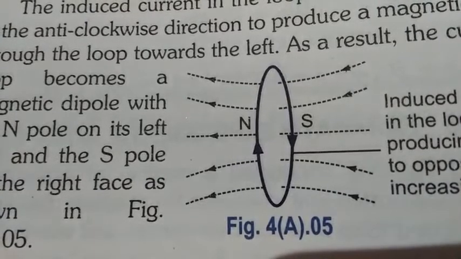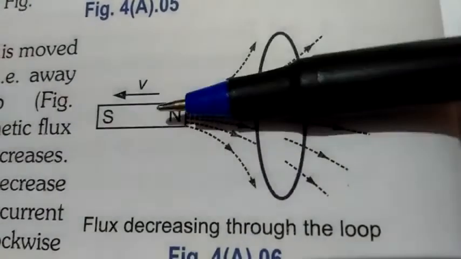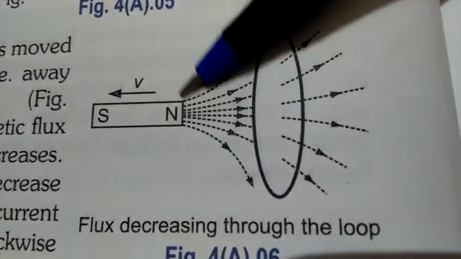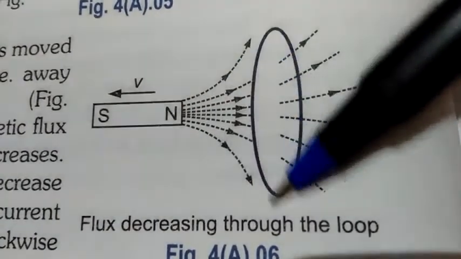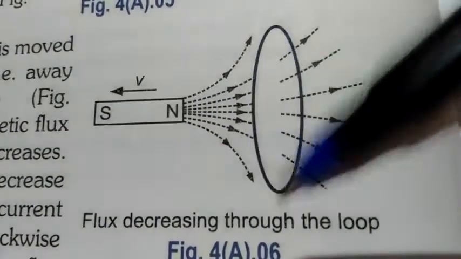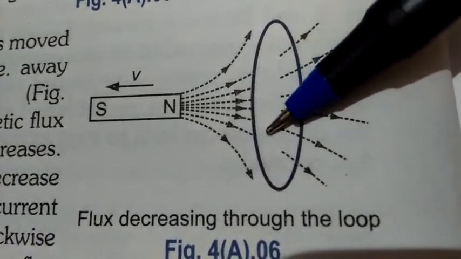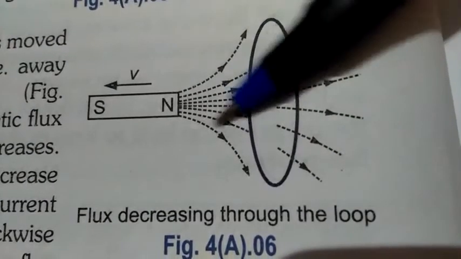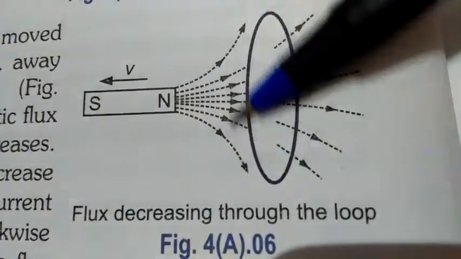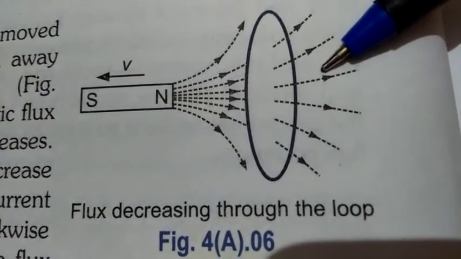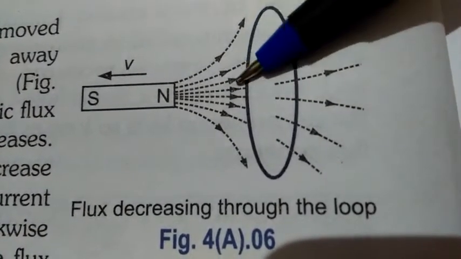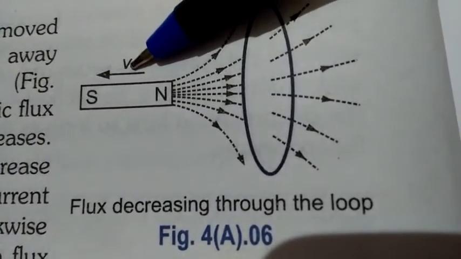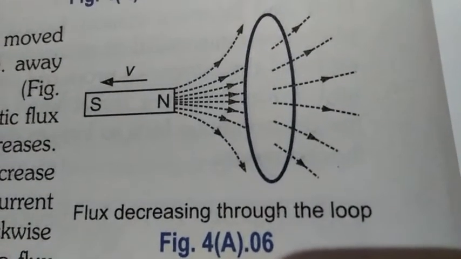Is it clear now? Suppose we start moving the bar magnet in the opposite direction, away from the loop. Now, because it is going away from the loop, current will be induced here. So now in this loop the current starts flowing in anti-clockwise direction, and the side which is in front of the bar magnet becomes S, and the other side becomes N. Why is it like so? Because if an S pole is created here, that S pole will attract the N pole and try to stop the magnet from moving away from the loop.